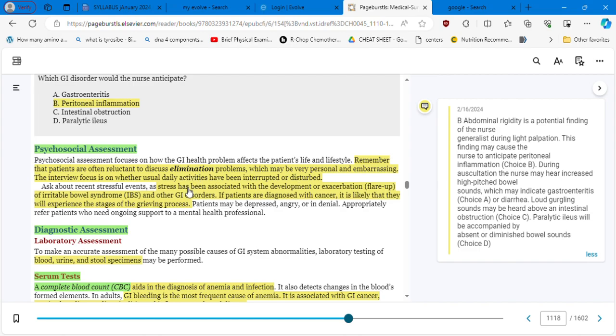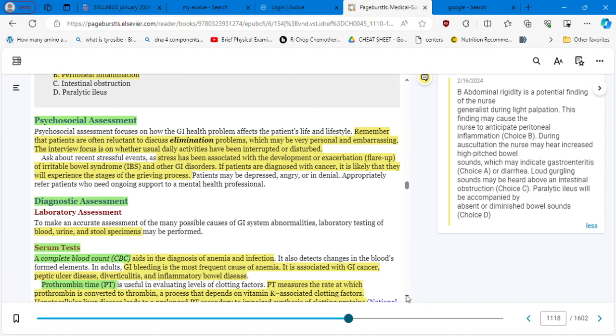Stress has been associated with the development or exacerbation of irritable bowel syndrome. We're going to talk about this later. We have a good correlation with anxiety and depression and other GI disorders, okay? If patients are diagnosed with cancer, it's likely that they will experience the stages of the grieving process.